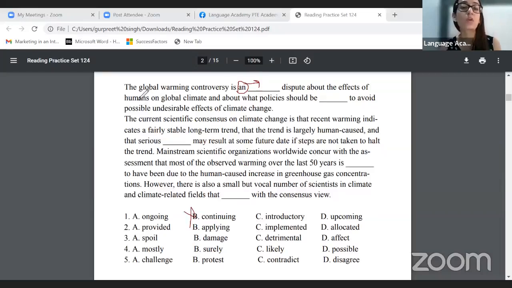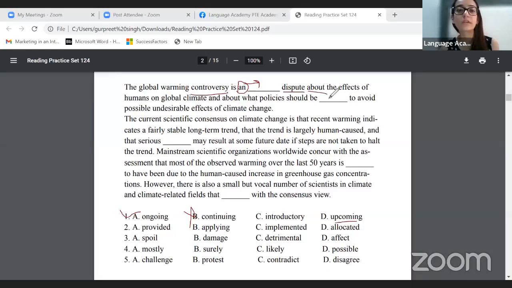Now we talk about the context after that at step number 3. Global warming controversy is dash dispute, is an ongoing, introductory. So global warming is not something introductory, or upcoming means something to happen in the future, but we already have global warming. So everybody's writing selecting ongoing means it is the current dispute that we have.